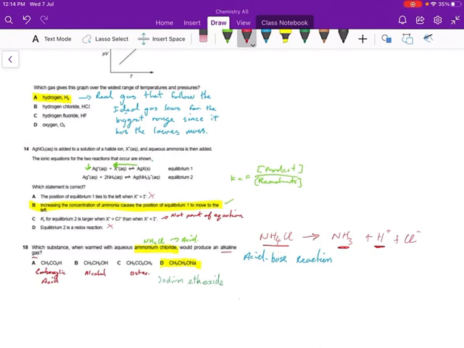So immediately A is a carboxylic acid, so it's not a possibility. An alcohol could potentially, but it's such a weak acid, it's actually not seen as an acid. It's not a base.